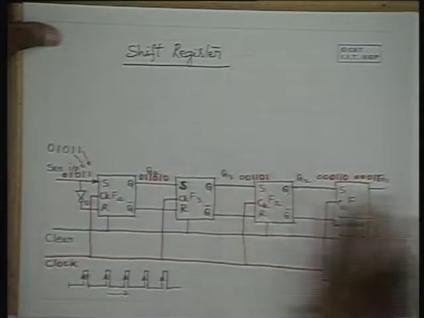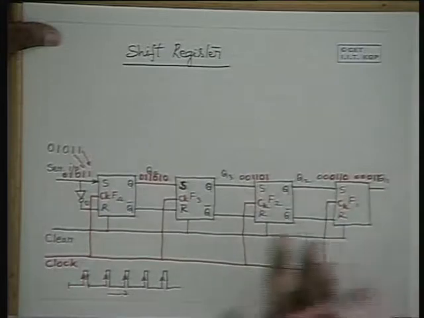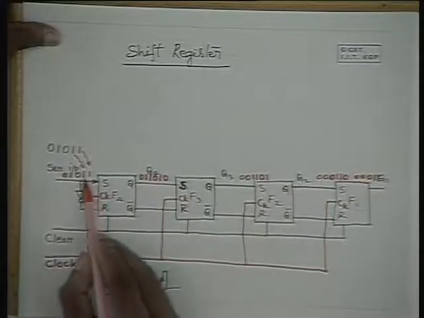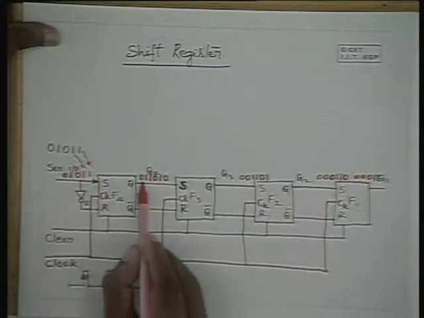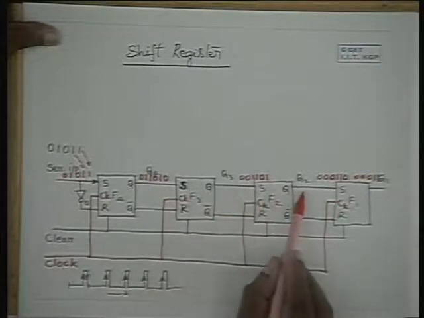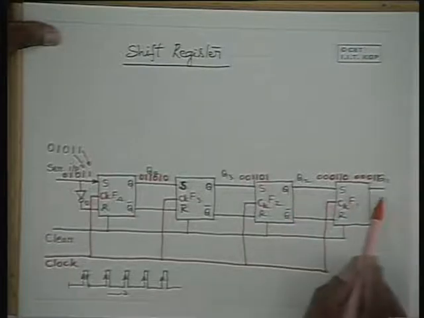So if you take a snapshot at any time, say after the first clock pulse, the first bit goes here, and after the second clock pulse, it will reach this point, and after the third clock pulse it will reach this point, and after the fourth clock pulse it will reach this point.